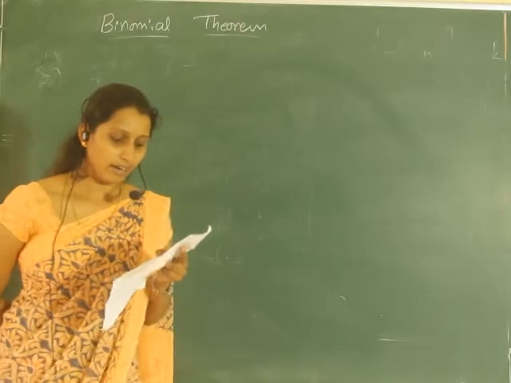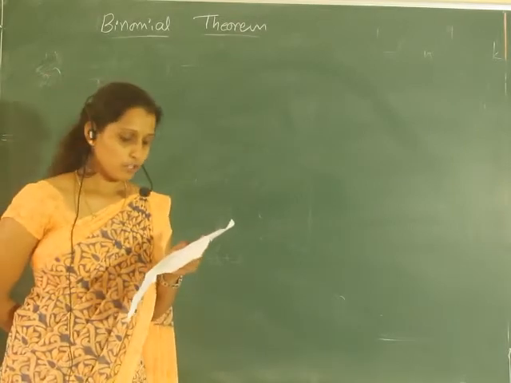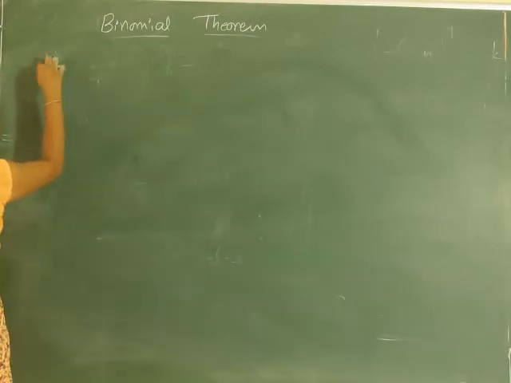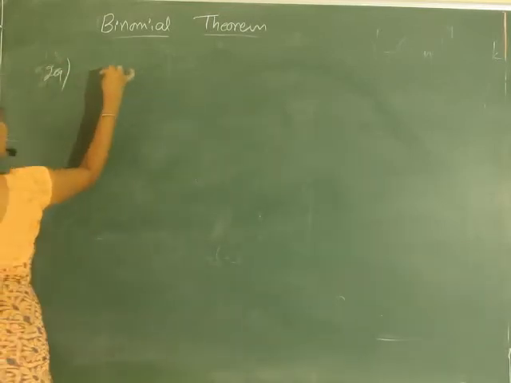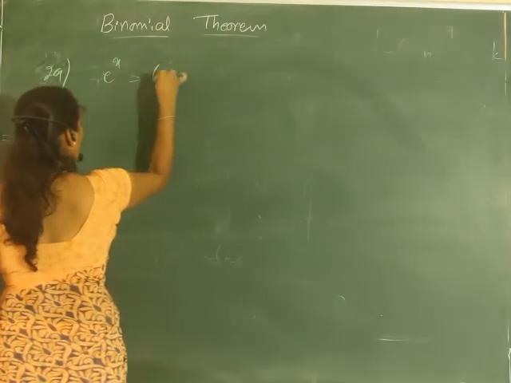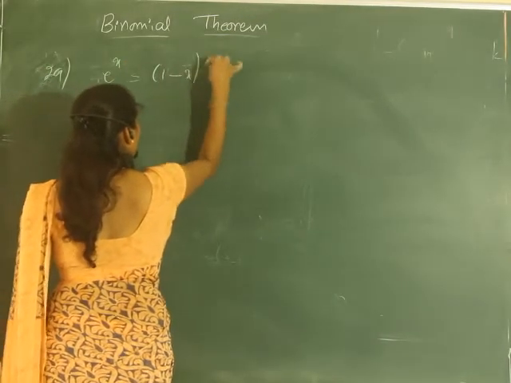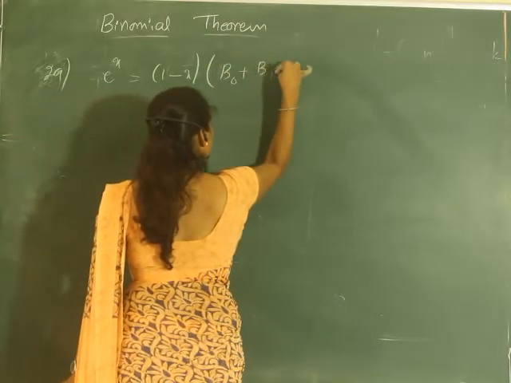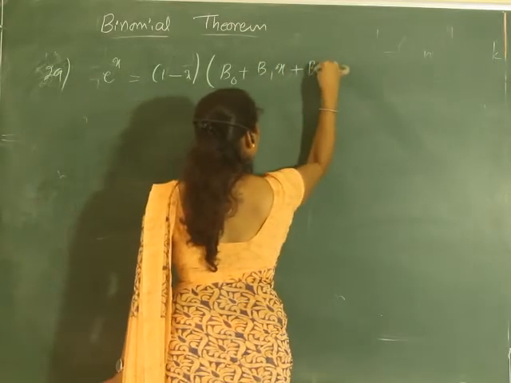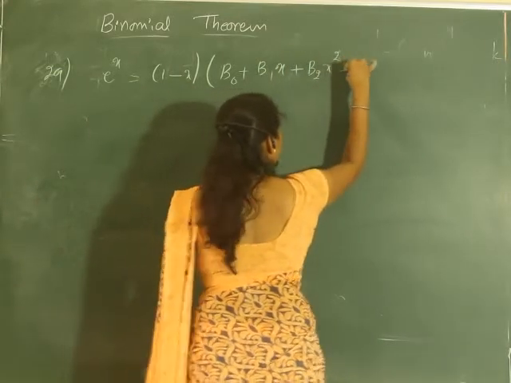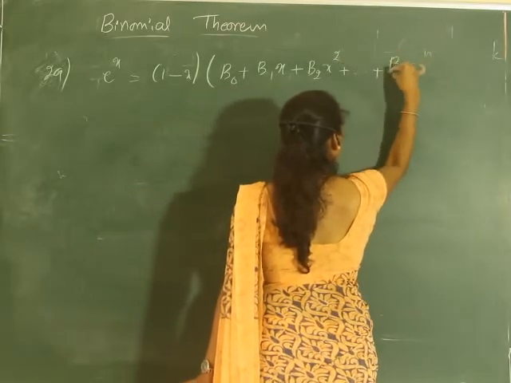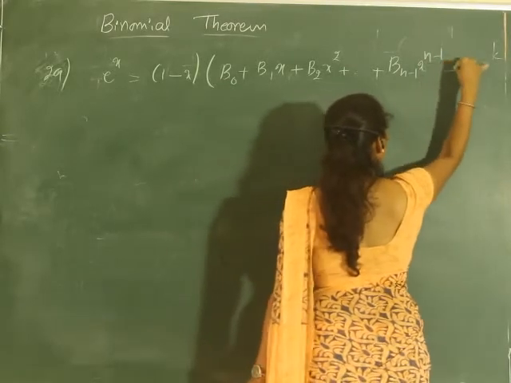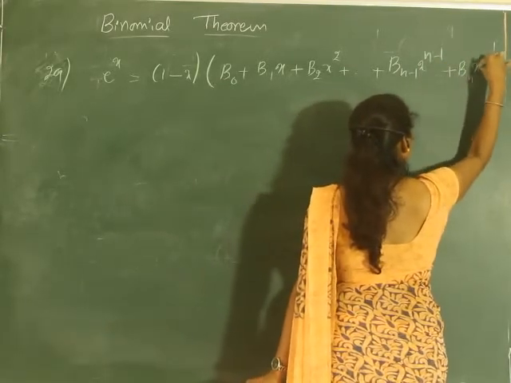So I'll write the given equation as e power x is equal to 1 minus x into b naught plus b1x plus b2x square, up to bn minus 1 x to the power n minus 1 plus bn x to the power n.